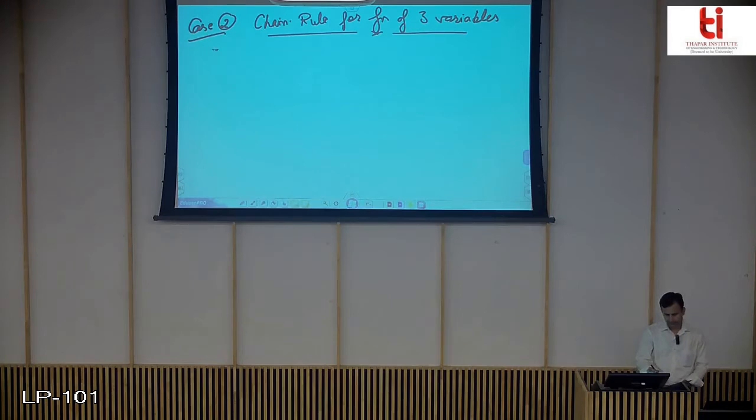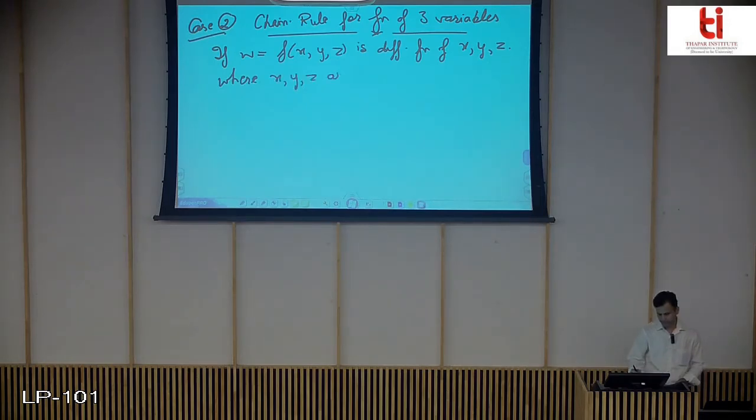That is, say w is equal to f(x, y, z), a differentiable function of x, y, z, where x, y, z are again differentiable functions of variable t, then w is also a differentiable function of variable t.